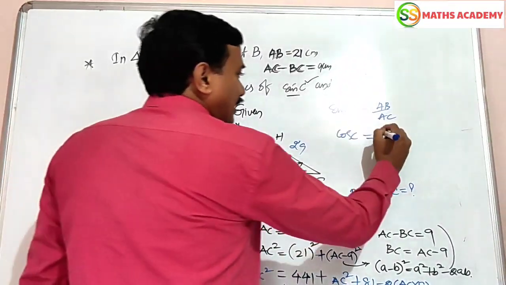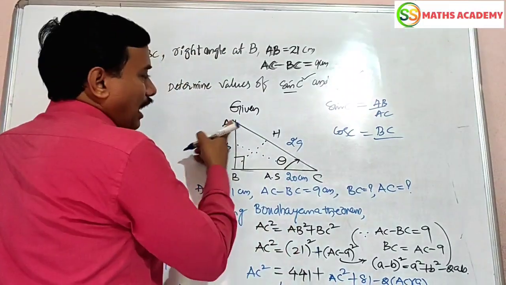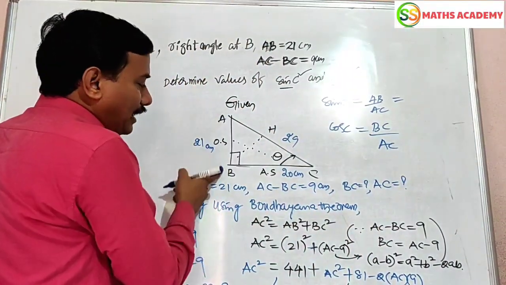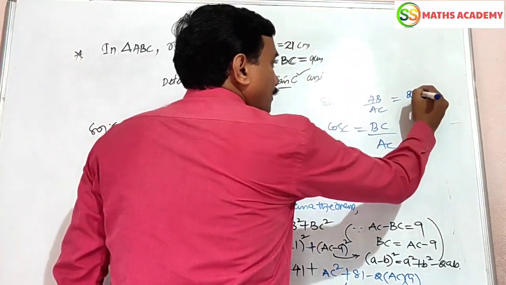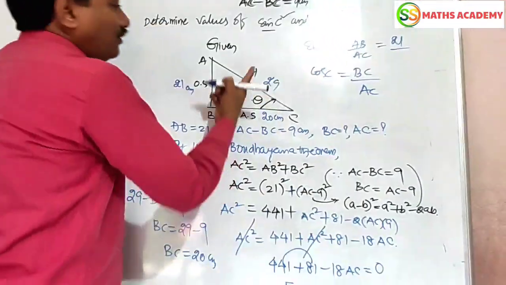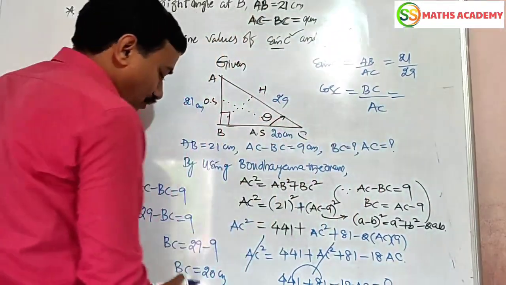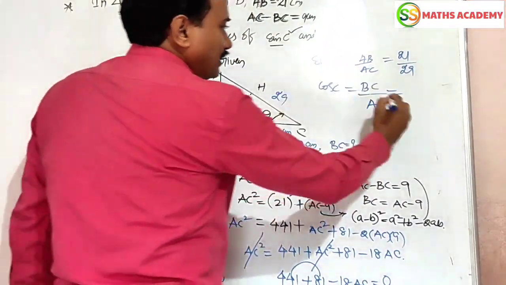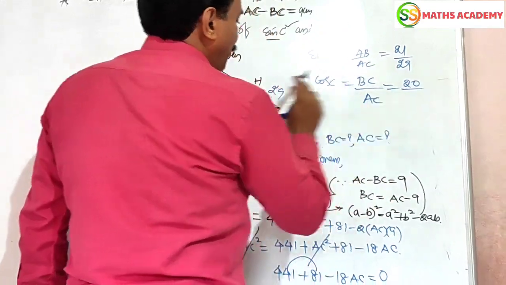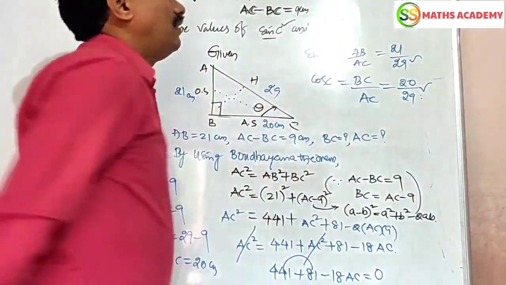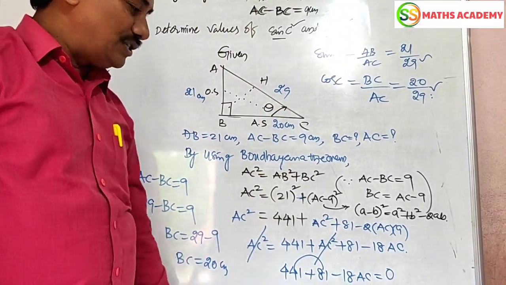The adjacent side is BC and the hypotenuse is AC. AB length is 21, AC length we got is 29, and BC we got is 20. BC 20 is the adjacent side over the hypotenuse 29. These two are the answers of this complete question.